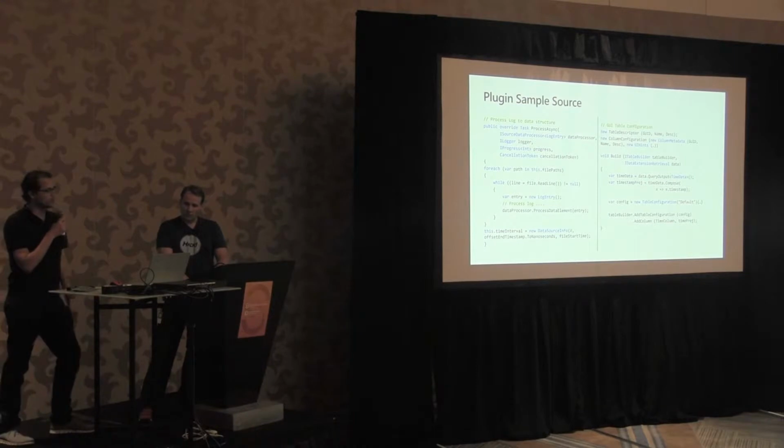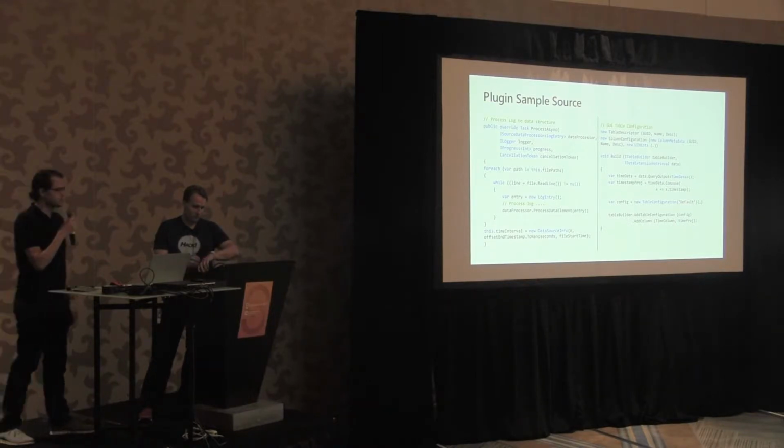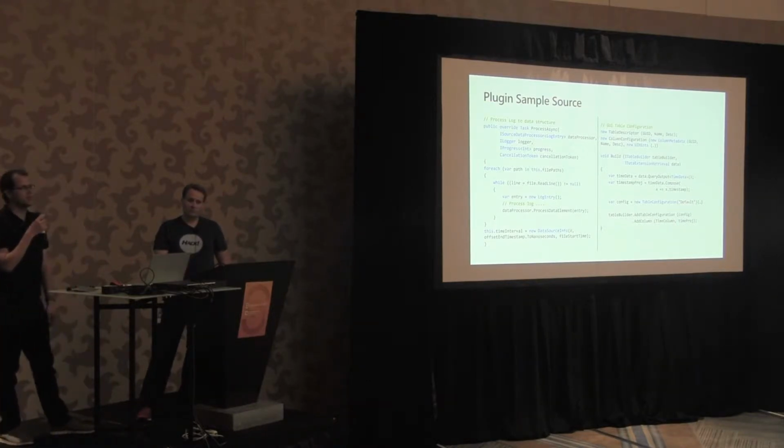It's just simple: you have a ProcessAsync that is all C#-ified that gives you the ability to have a file path. You pass each one of those entries. In this case, we have a text file that has a bunch of log entries. You pass that off to a set of data processors, which will then, for whoever's consuming it, set up the dependency stack and the dependency queue as far as how many passes you may need to go over the trace.